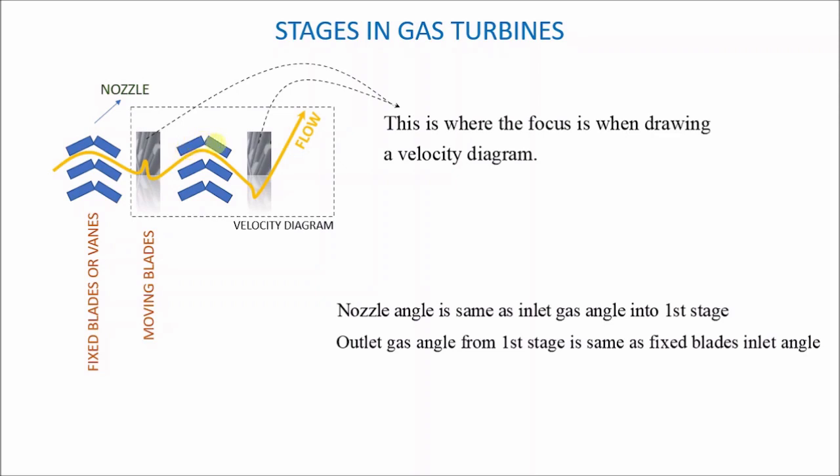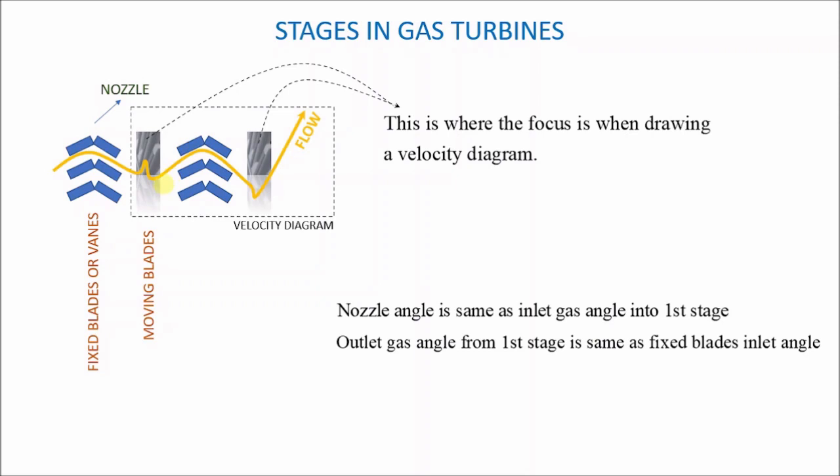And the reason for that is to minimize the disruption of the flow of the gas. You want the angle with which the gas is leaving the first stage to match the angle at which the blades are inclined for the row of fixed blades, because the gas is coming from the first stage into the row of fixed blades.